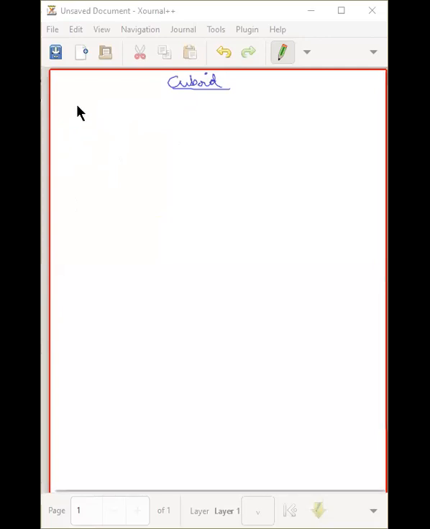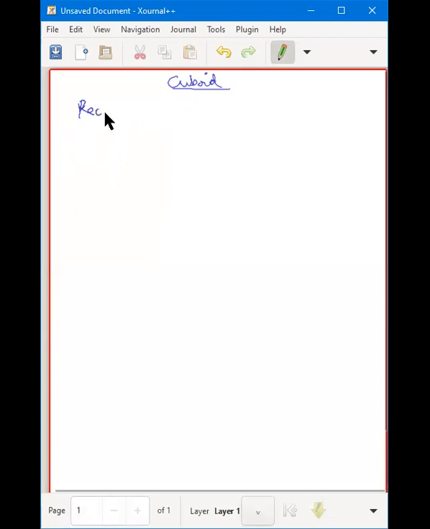Okay, so if we have a rectangle, we have L into B. So the area of a rectangle is length into breadth. Same thing we can convert into a 3D figure, which will be the cuboid.